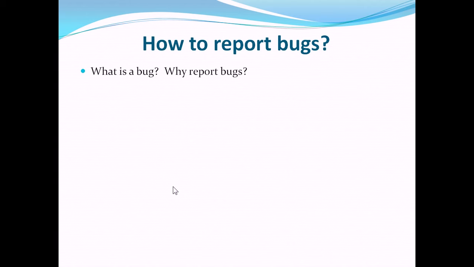Now, a bug can also be the condition when what you observe in the system is unexpected or not according to your expectations. So maybe there are two areas of the system which you expected to behave similarly, but they are not behaving similarly. For instance, on every page of the website, you expect the same logo size to be there, but the logo size is different on one page of the website.